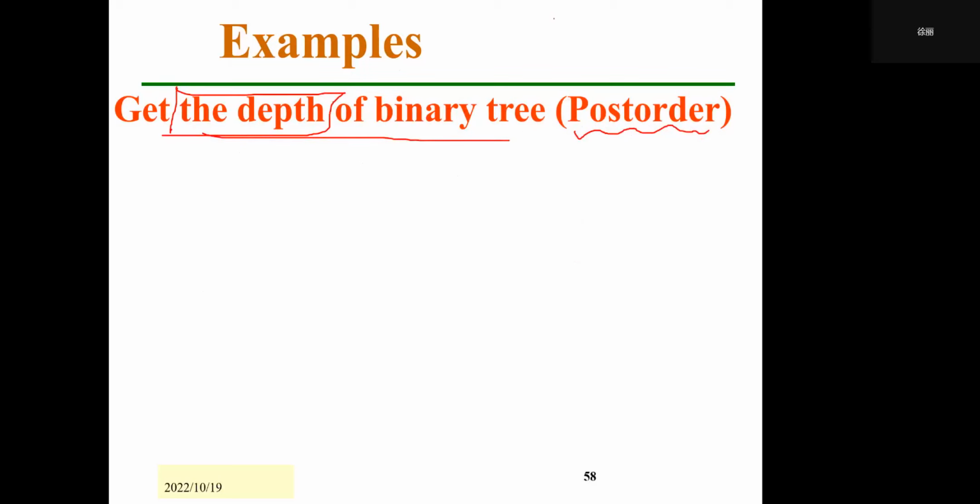If we draw a binary tree like that, the depth of this binary tree is 1, 2, 3, right?